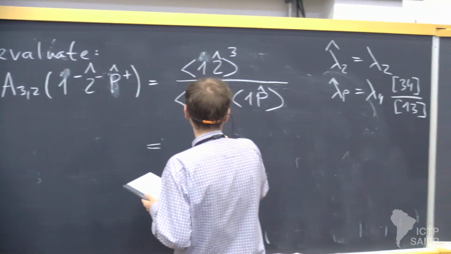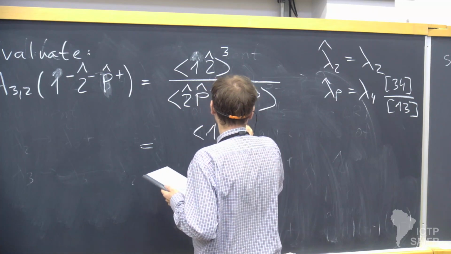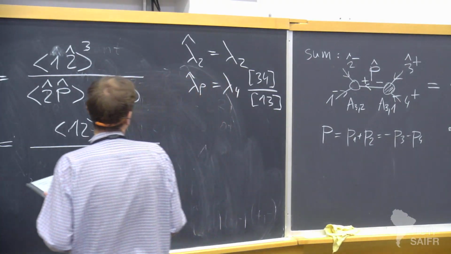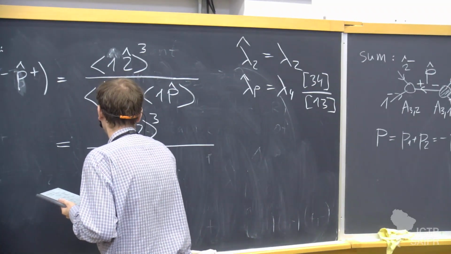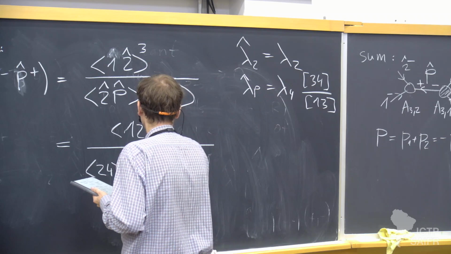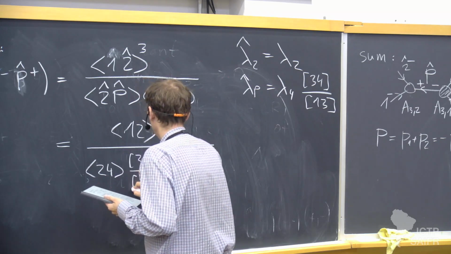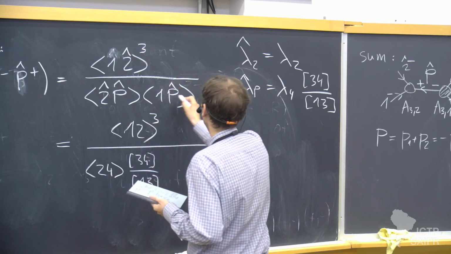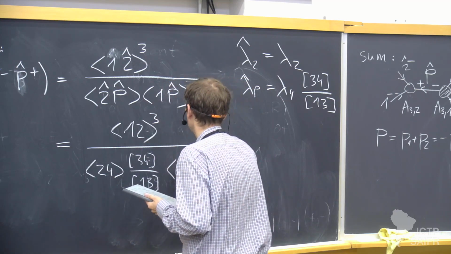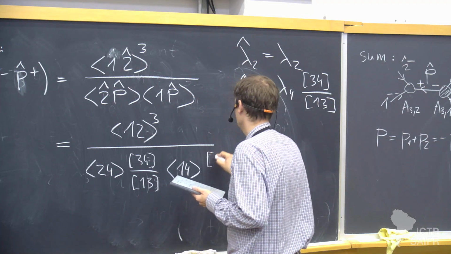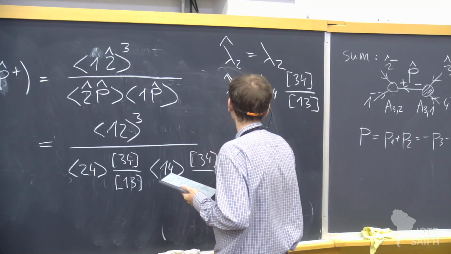So this is just equal to 1, 2 cube divided by 2, 4, 3, 4 divided by 1, 3. And then 1 p hat is 1, 4 multiplied by 3, 4, 1, 3.